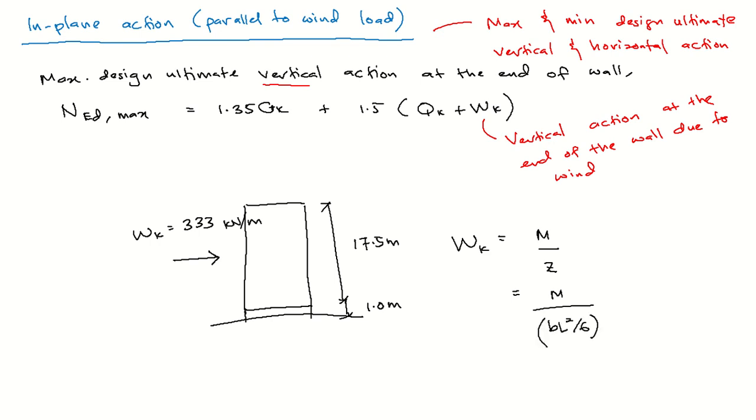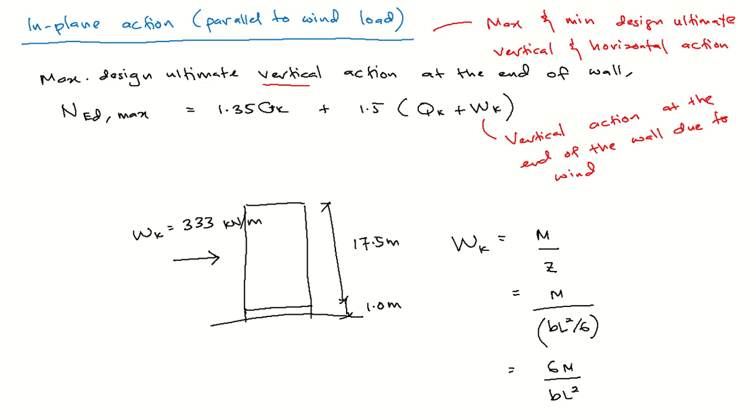If we rearrange this formula, we will get 6M over BL square. So we need the B, we need the L, and we need the M.